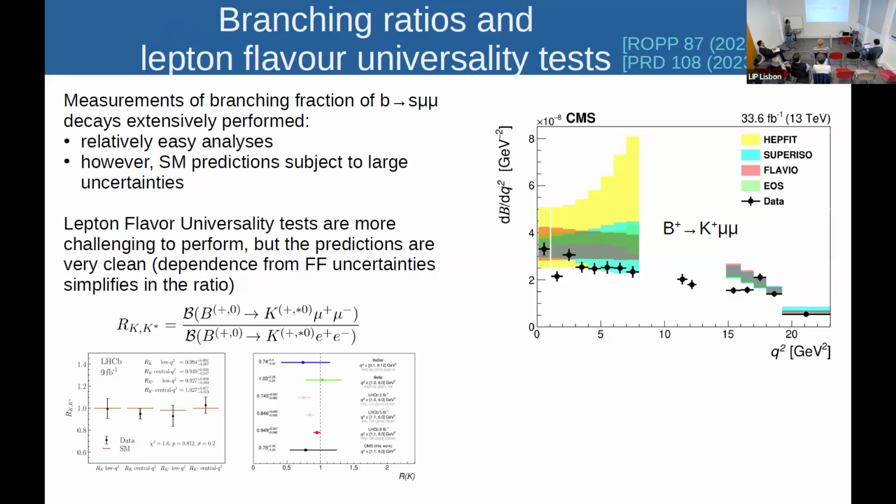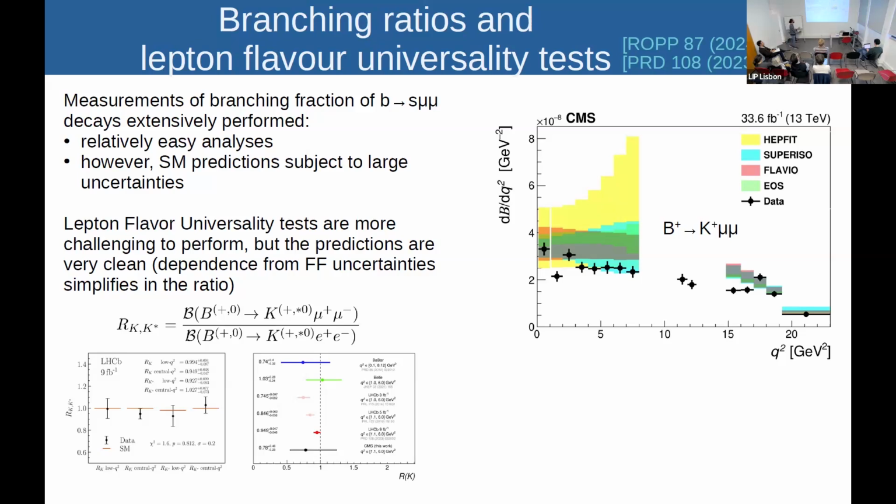Okay, so what can we do with this, which observables can we measure? The first one coming to mind is the measurement of the branching fraction of these decays. It's never a very easy analysis, but compared to other types of analysis, it's easier from the experimental point of view. However, the standard model predictions for this branching fraction are quite subject to uncertainties due to the form factors.